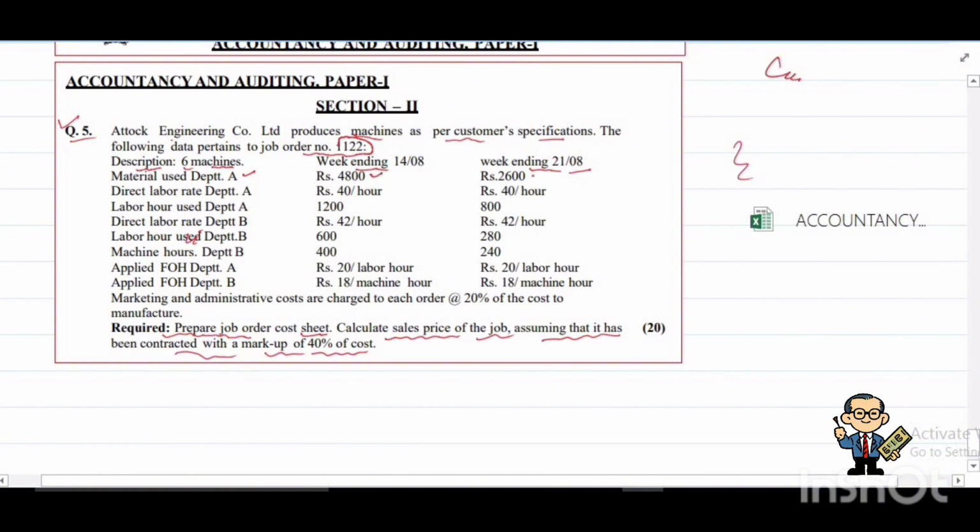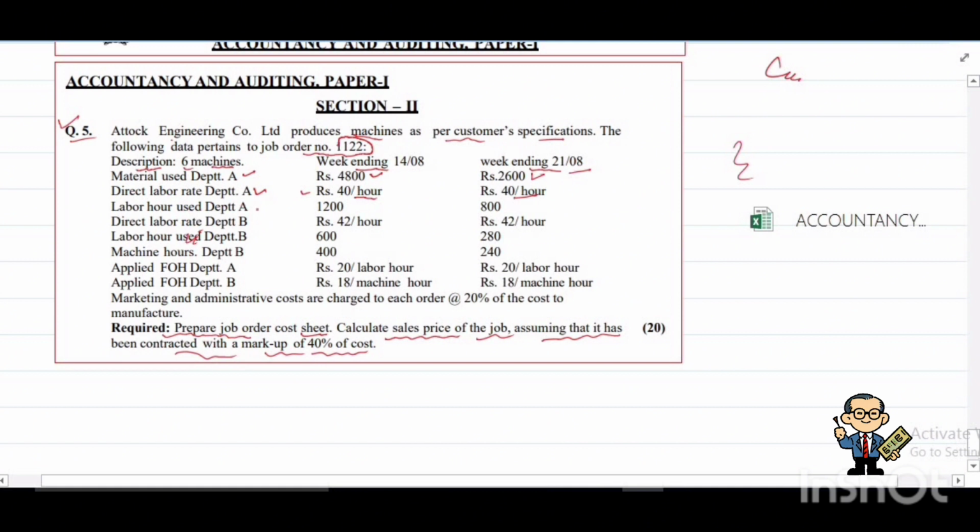For the other week they are using 2600. Direct labor rate for department A is 40 rupees per hour, the same for the other week.